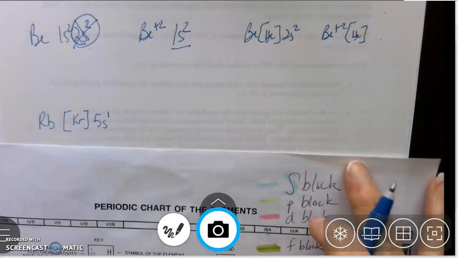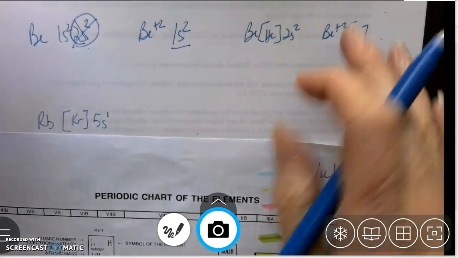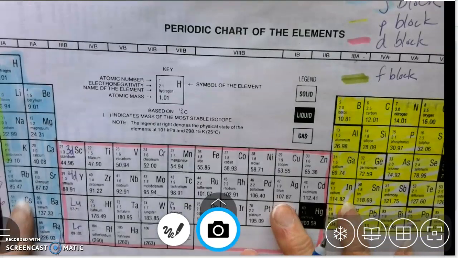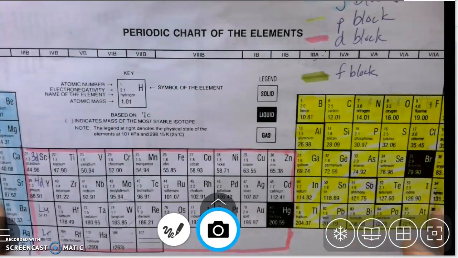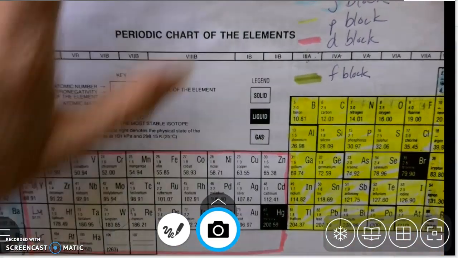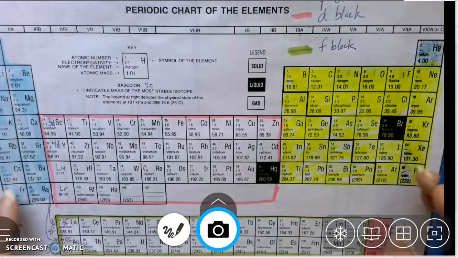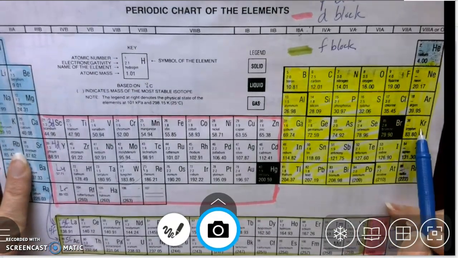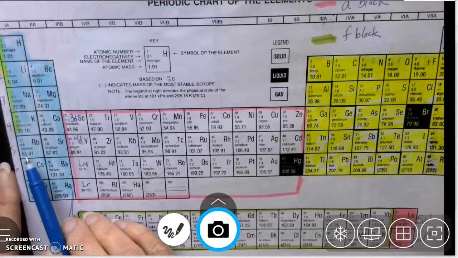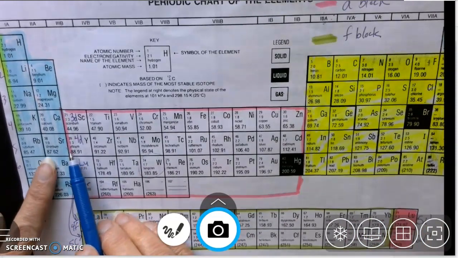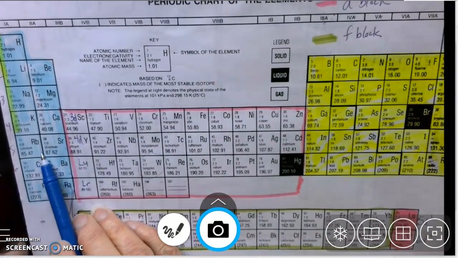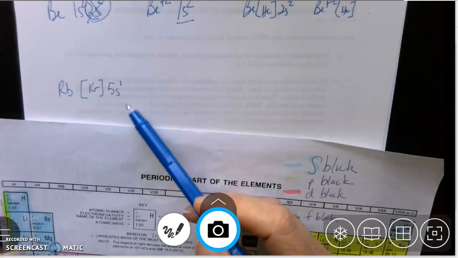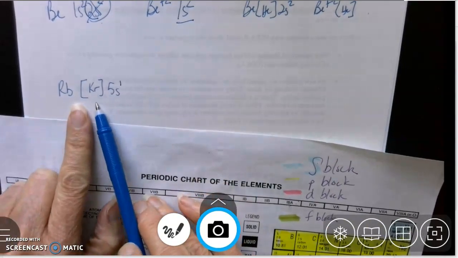All right. Next one I'm going to take a look at is rubidium. And rubidium is here on the periodic table, so I went ahead and did short form for this one. So rubidium's here. I went back to krypton and then did my 5s1, just because I'm stopping at rubidium. So here you can see the noble gas right away.